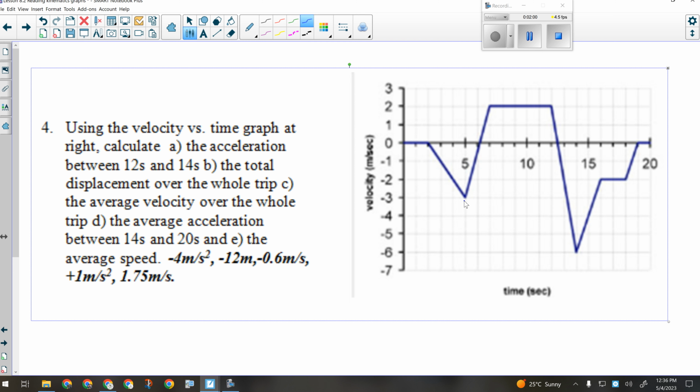Which way is it going at 5 seconds, forwards or backwards? If its velocity is -3, it's going backwards. By the end of that section, velocity is +2, which means it's going forwards. So during that section it accelerated positively, but that actually means it changed direction during that part of the graph.